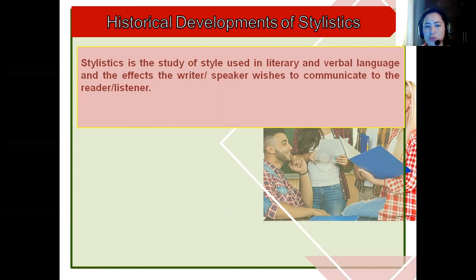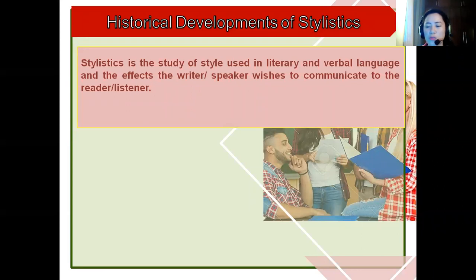This is very short since it is only about the historical developments of stylistics, and this is made brief because this is not really our main concern for the subject, but at least you'll appreciate its development.